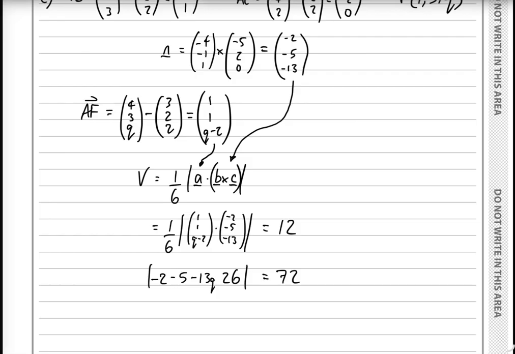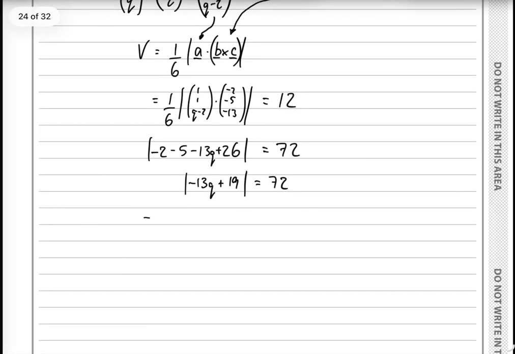So that's minus 13Q plus 19, the magnitude of that must equal 72. So either minus 13Q plus 19 equals 72, or minus 13Q plus 19 equals negative 72. Because obviously when you take the magnitude of those 2 numbers, they both give you 72.